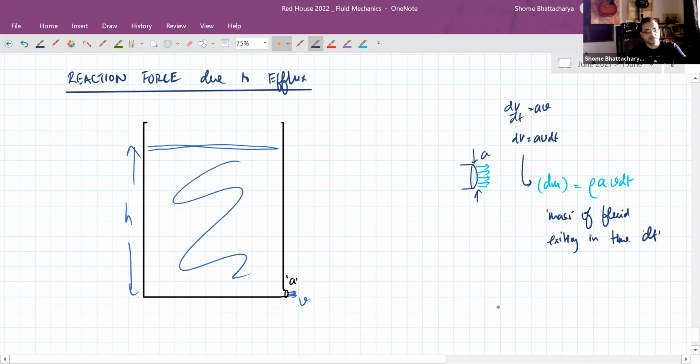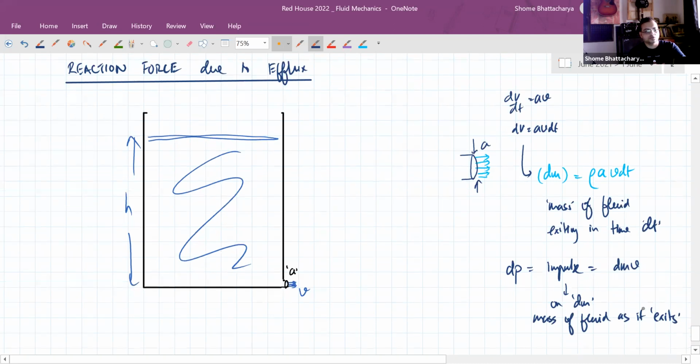Now for this mass of liquid that is coming out, the change in momentum, and therefore the impulse that the liquid experiences because of the pressure difference from inside as it exits, is equal to dm into v.